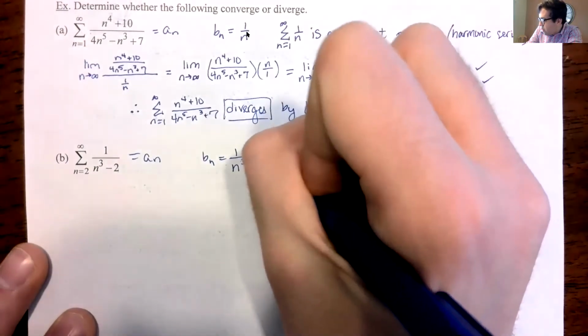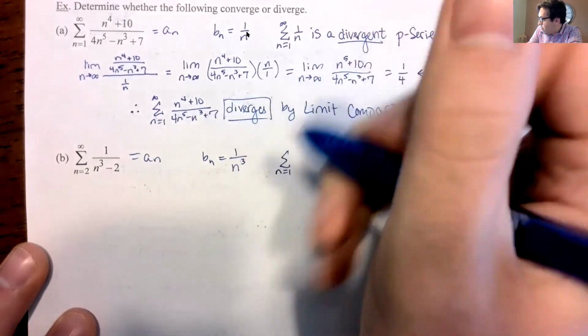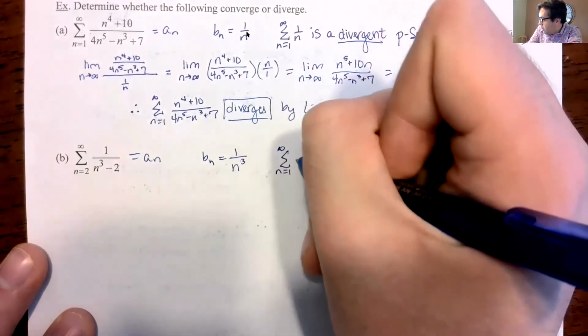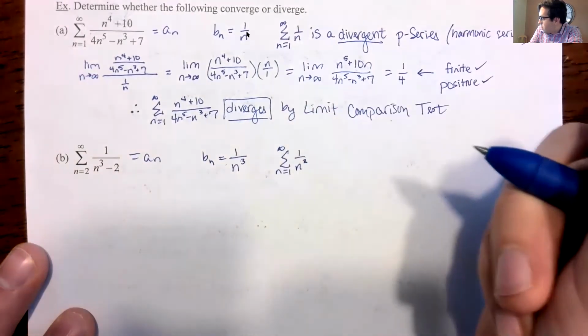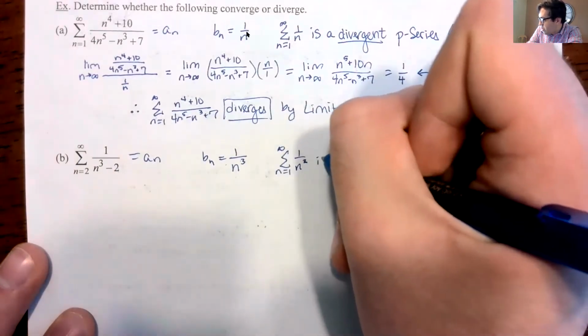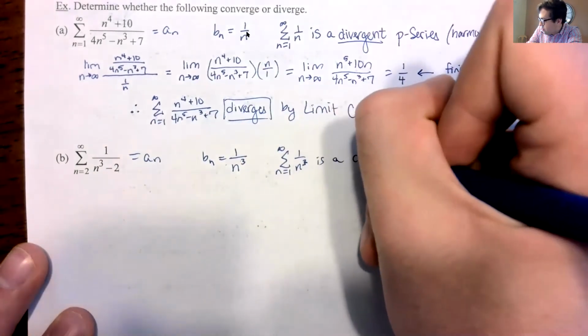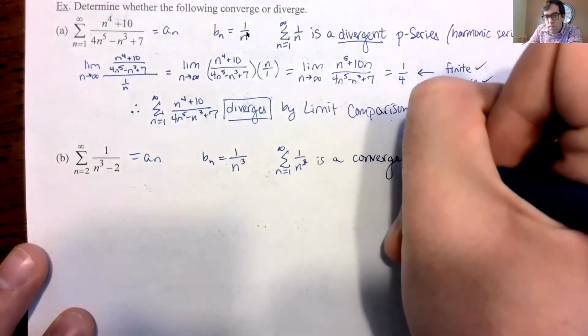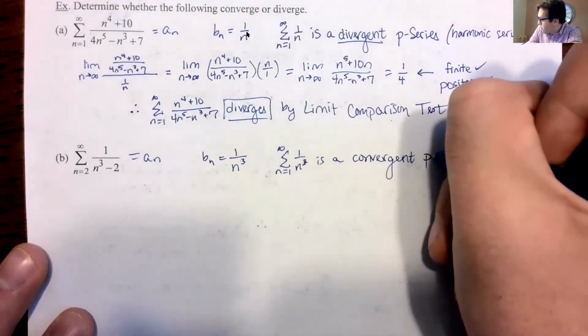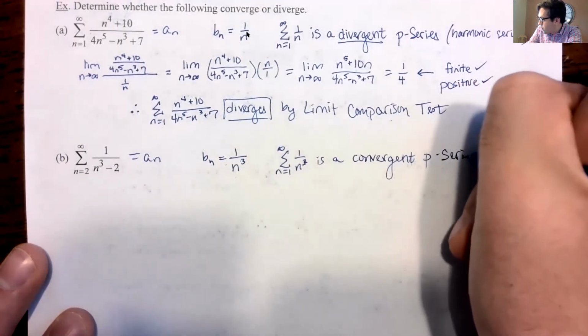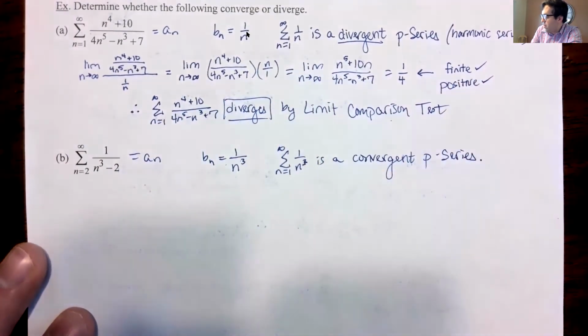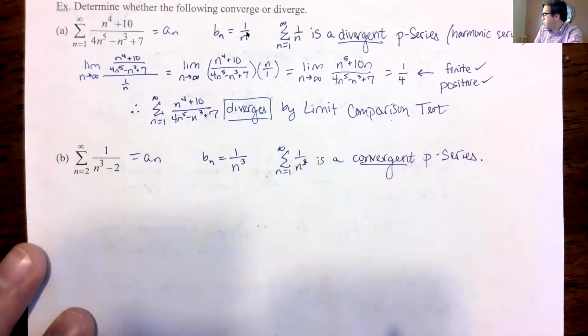So b sub n is a p series, and this is a convergent p series. We know that because p is greater than 1.